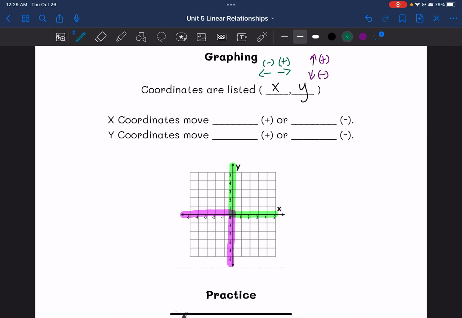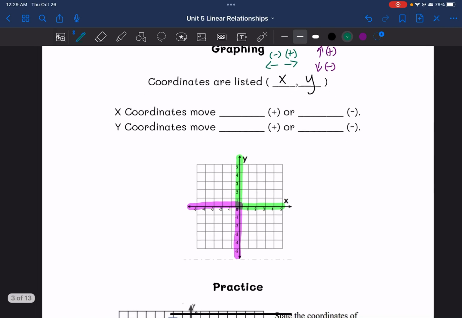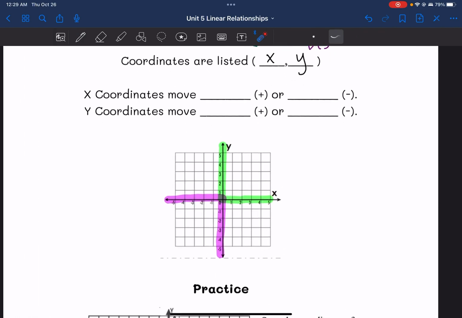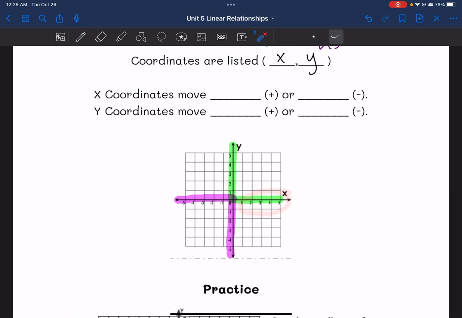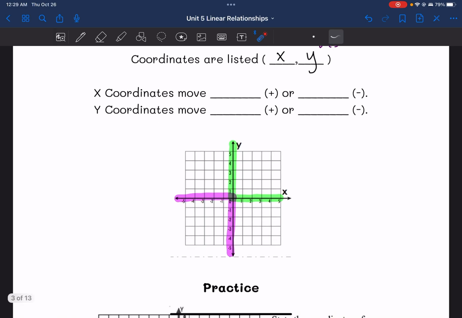If I am in the positives on the x-axis, remember the positives is over here, then that means I'm moving to the right, okay? So the x coordinate is either going to move to the right, which is positive, or to the left, which is negative, okay?